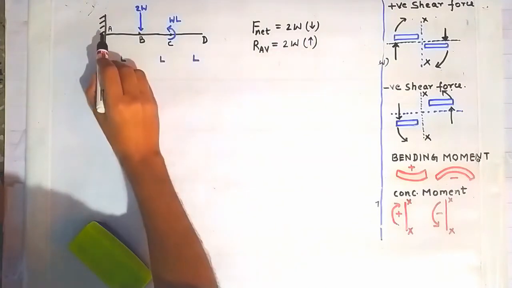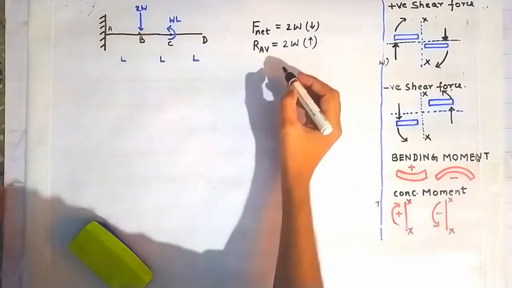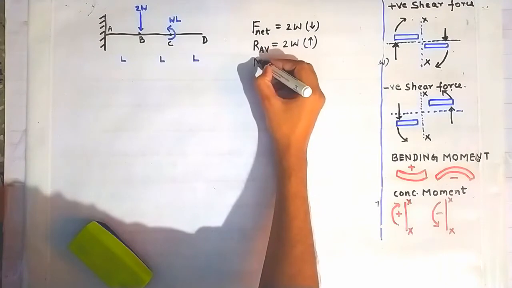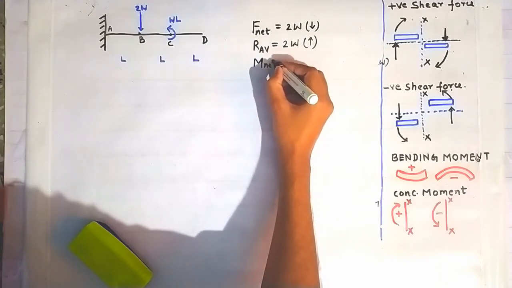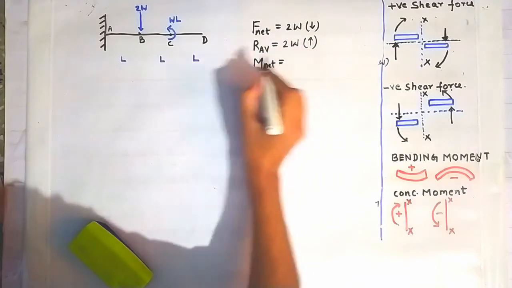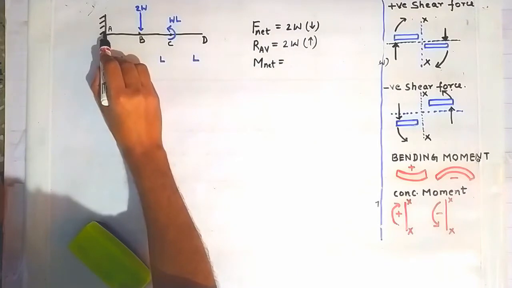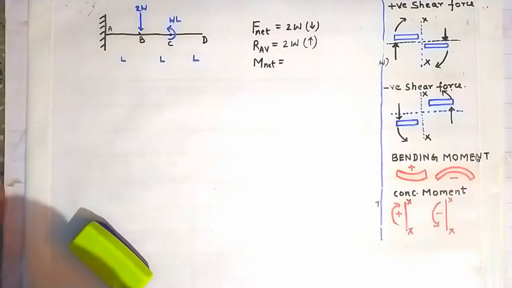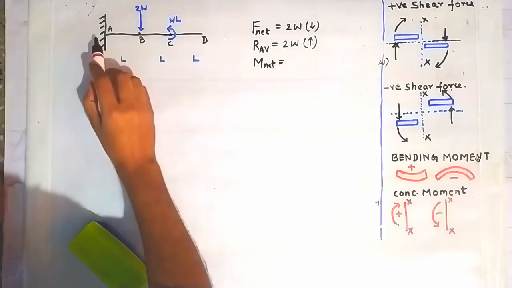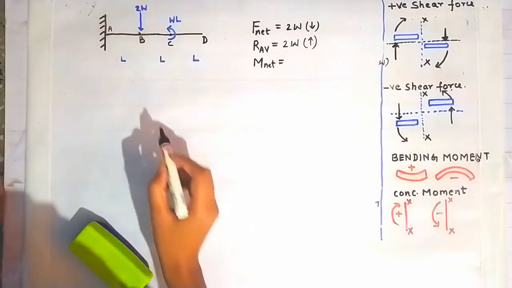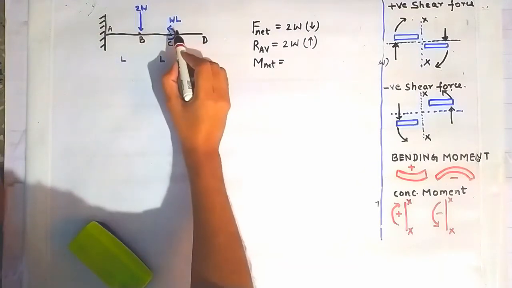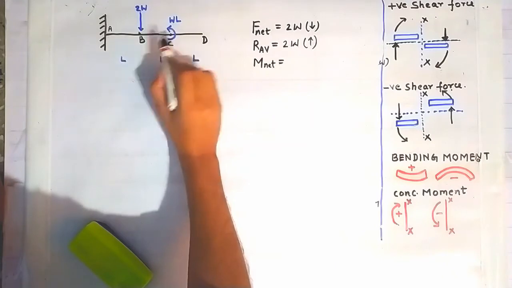Okay. Now the reaction moment we have to find out at this point A. For that we have to find out the net moment acting at this point A. So the net moment acting over the point A will be because of this load and because of this concentrated moment.